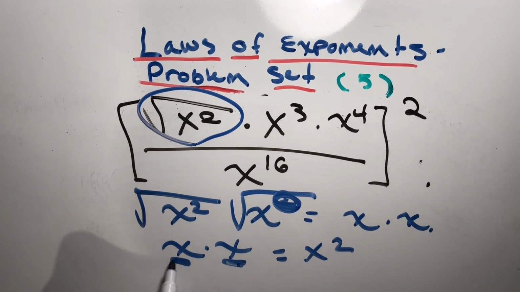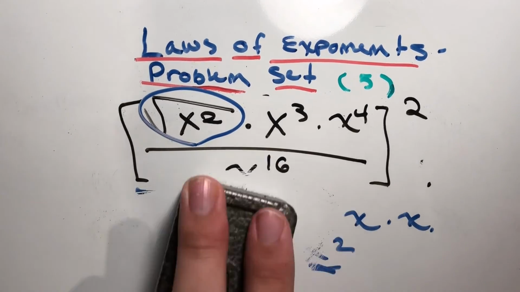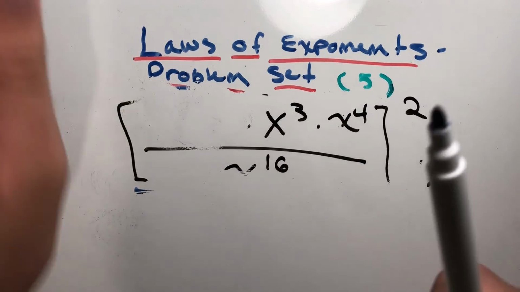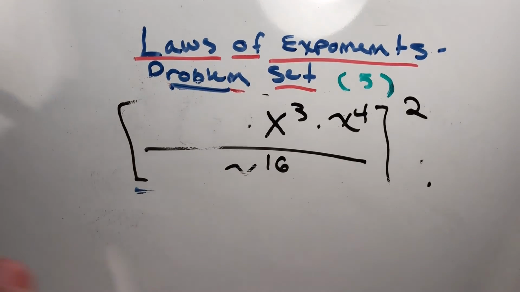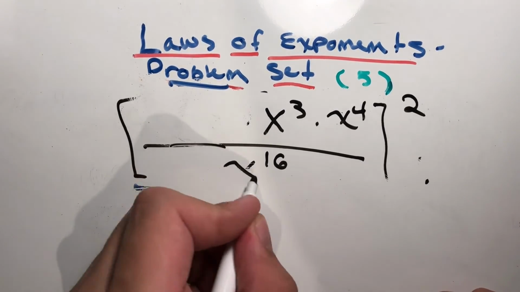That's the first thing to notice. So we can erase this and rewrite it simply as x. Perfect. So it's just x times x cubed times x to the 4th divided by x to the 16th.